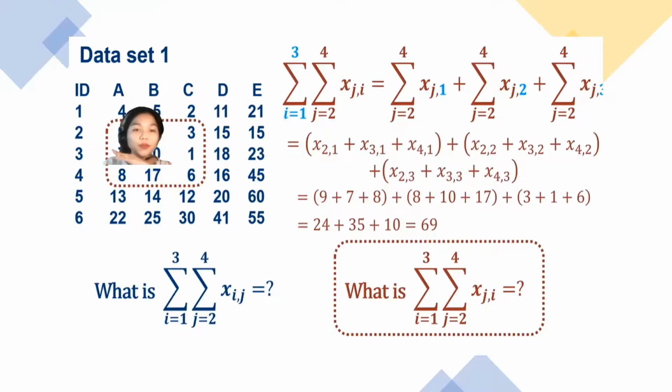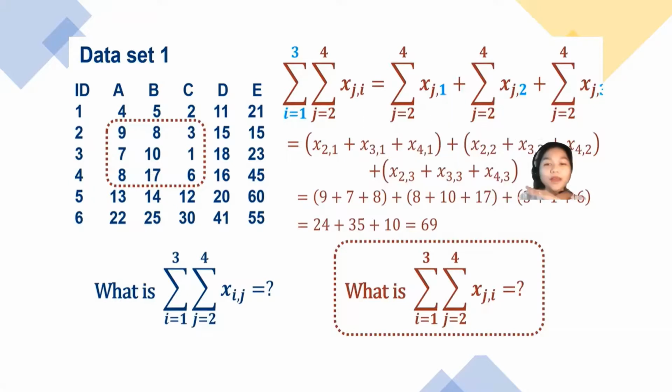For the second notation po, ito naman po yung expanded form niya. x row 2, column 2, x row 3, column 2, at saka x row 4, column 2 again. And then the last notation is xj3 as j goes from 2 to 4. So, x row 2, column 3, x row 3, column 3, at saka x row 4, column 3.